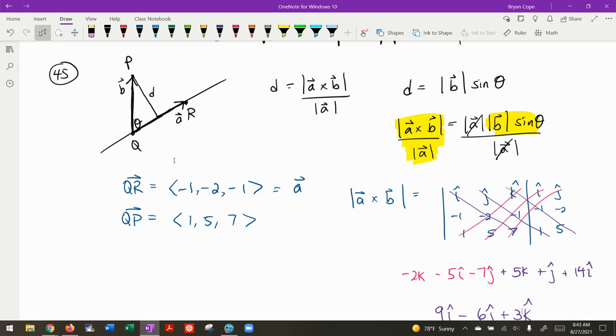Ah, my mistake. This should be a -5 and a -7. So this should be a +5i and a +7j. That doesn't get affected. And then this should turn into a minus.